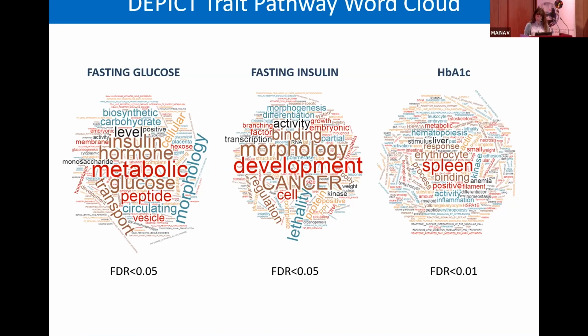So going back to this link between insulin and cancer, it's been known for a long time that there's a link between insulin resistance and even diabetes and some forms of cancer. But actually, it's been quite difficult to know if this is mediated through glucose toxicity type of effects or whether it's mediated through insulin.